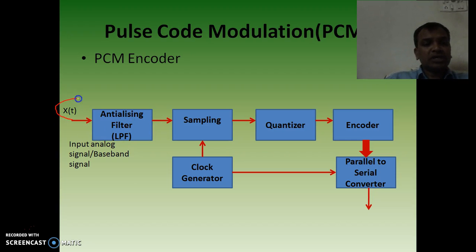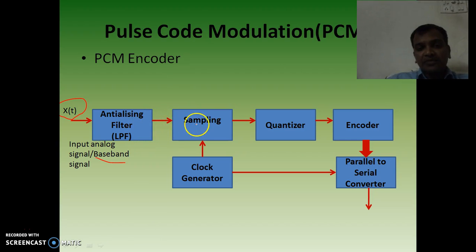The continuous signal could be anything. It could be voice, image, picture, video signal and whatnot. That is the baseband signal. It is filtered so that we come to know the maximum frequency present in the input signal.